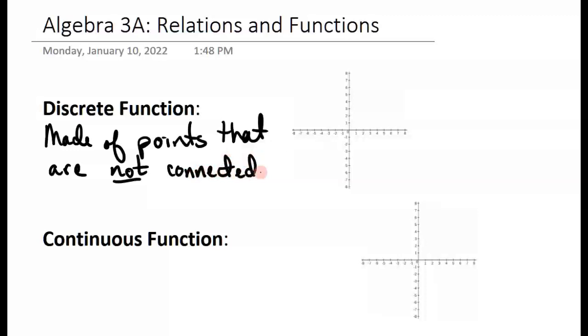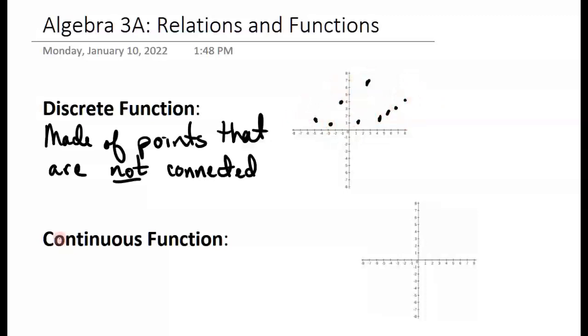So if you are charting how many siblings you have, no one has 2.5 siblings, so you would just have some specific values plotted as points, but you're not connecting in between. You can have a lot of different types of discrete functions, but they're made up of these disconnected points.